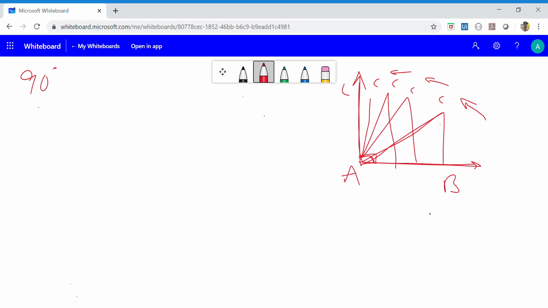Then what is the perpendicular distance? BC. Next, what things coincide? AB and AC coincide.